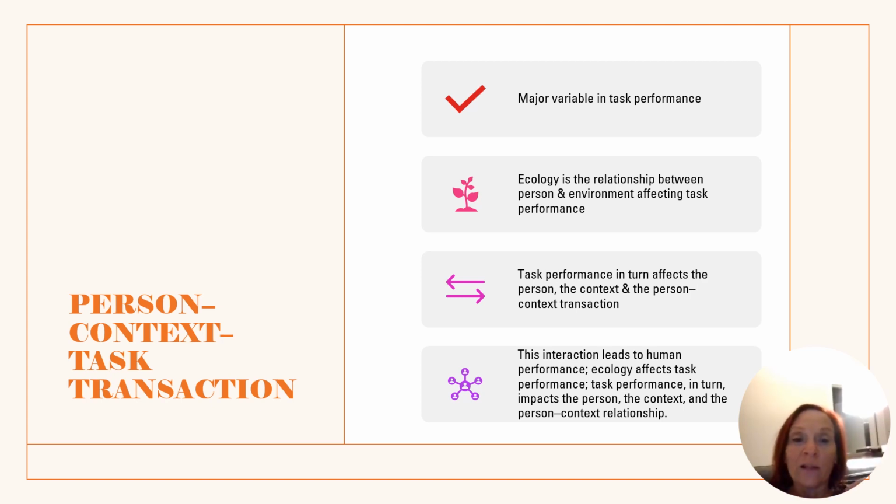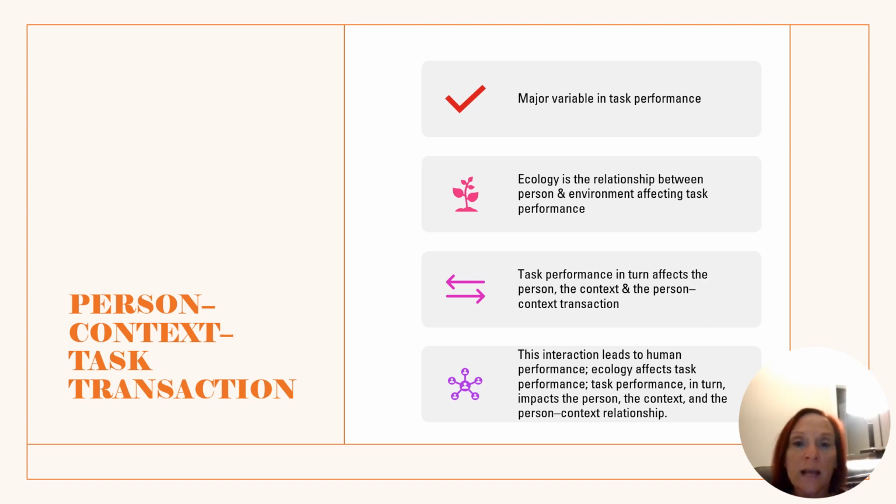Or if they struggle with it, then it could be a barrier to the environment, cause damage to the environment, or maybe even just stop that transaction altogether. So this interaction leads to human performance.